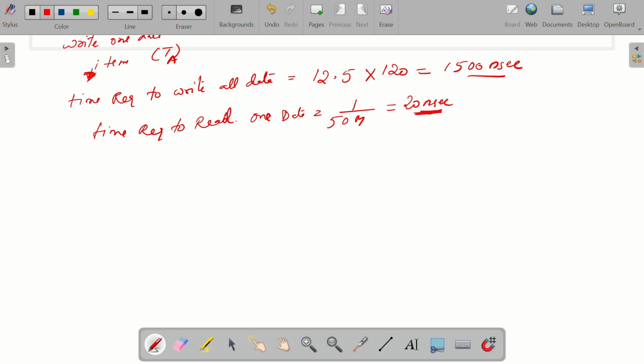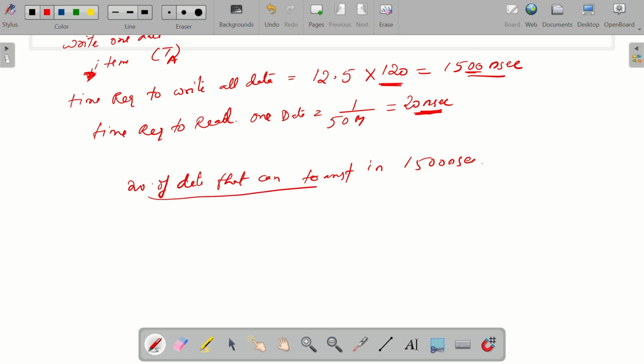Okay. So for every 20 nanoseconds, module B is going to read one data in the burst. Now we will find out the number of data that can be transferred in 1500 nanoseconds. So 1500 nanoseconds is the entire duration of writing all the data items into the FIFO. Within that duration, how many data can be perfectly written as well as read?